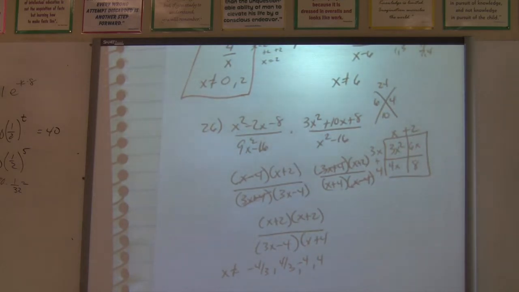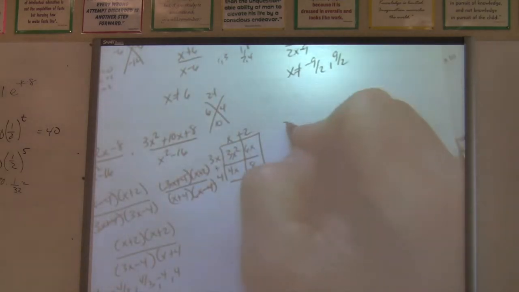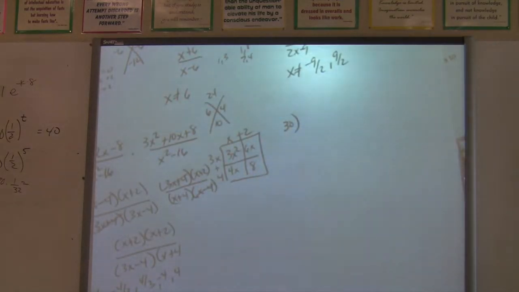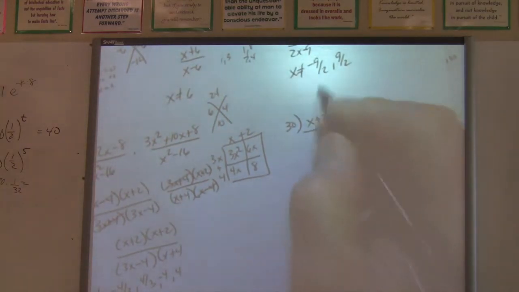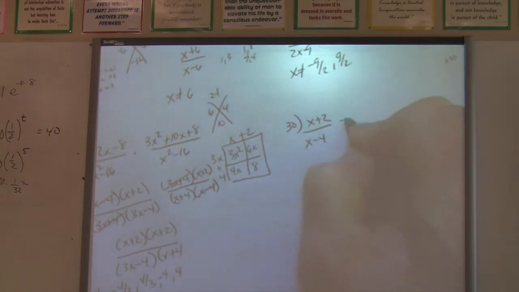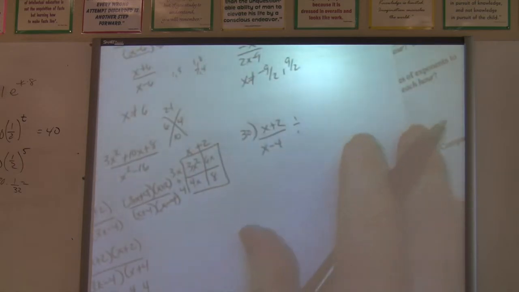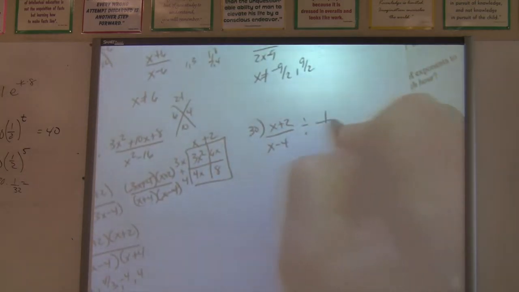So next, let's do a division problem. I'm going to do number 30. So 30 says x plus 2 over x minus 4, divided by 1 over 3x minus 12.